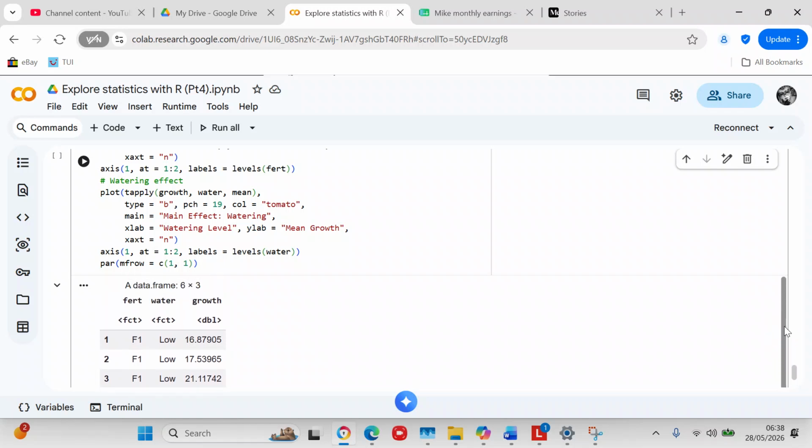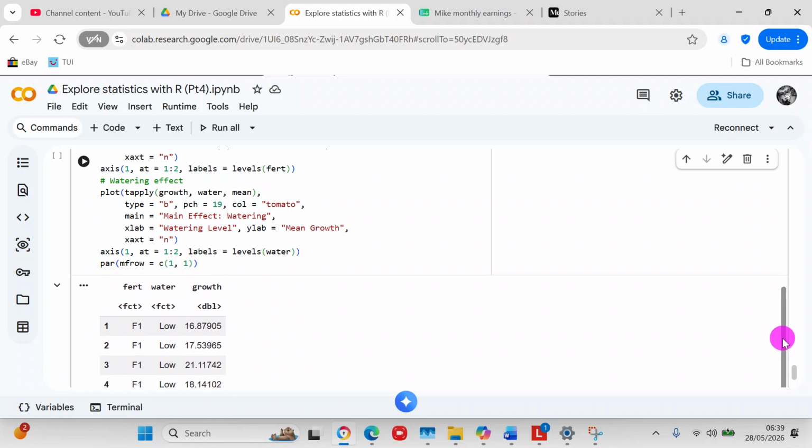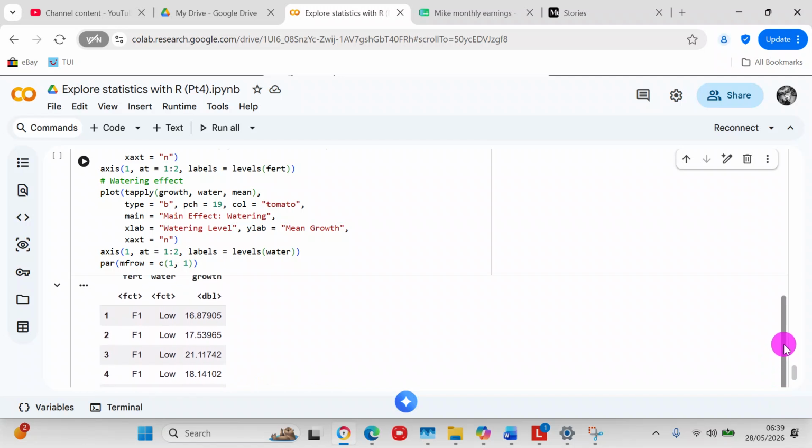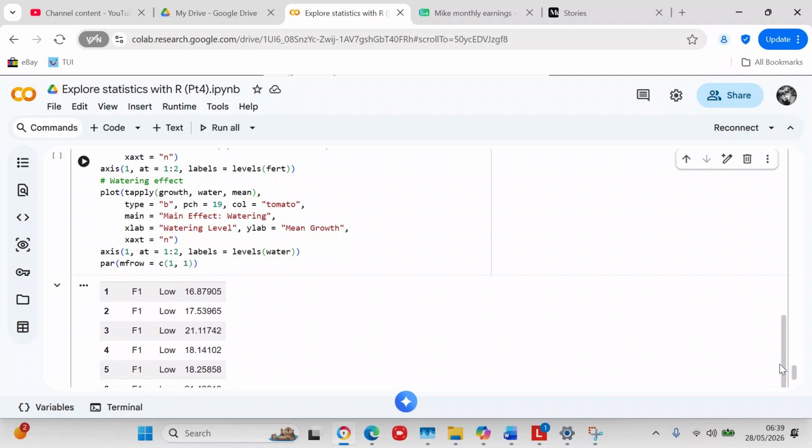So you've got your data frame, the first 6 rows being your fert, your water, and your growth. This is all F1 because it's going to be F1 for the first 40, and then F2. Your water is going to be low for 20, then high for 20, then low for 20, then high for 20.